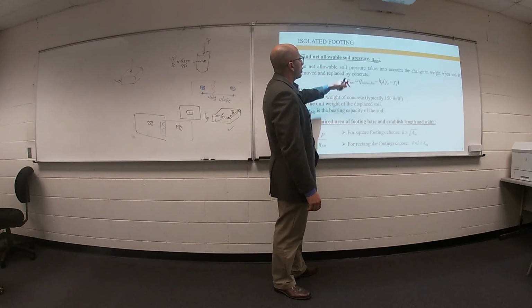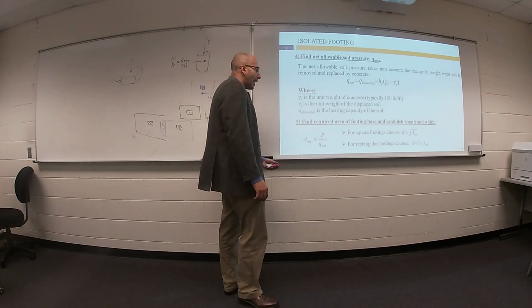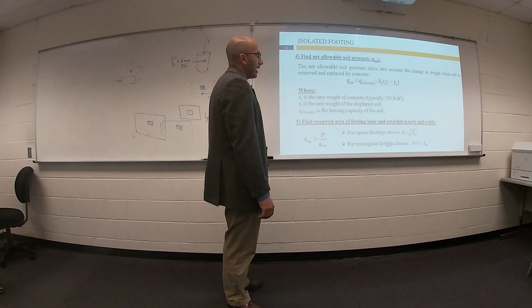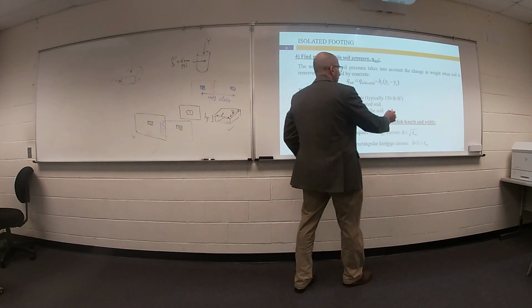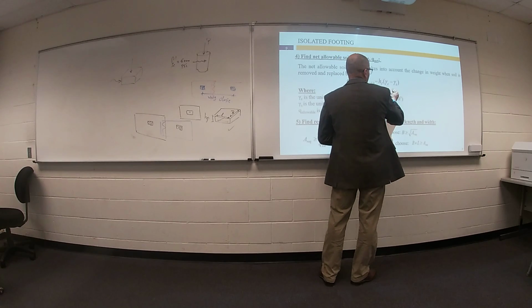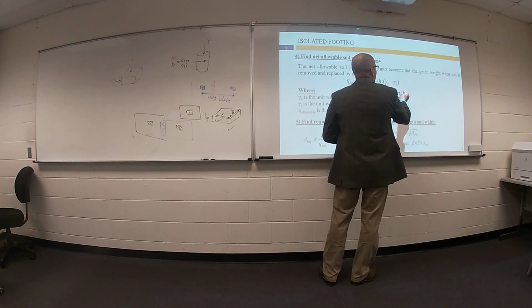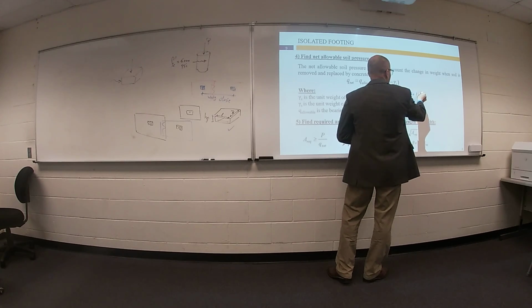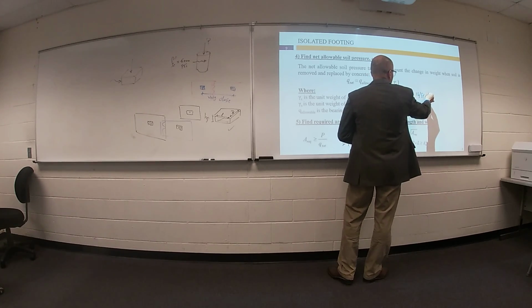Find the net allowable soil pressure: q net equals q allowable minus hf times gamma c minus gamma soil. Gamma c is the unit weight of concrete. Anybody remember how much? Gamma c for concrete is 150 pounds per cubic foot.